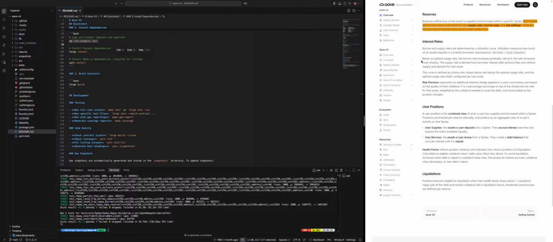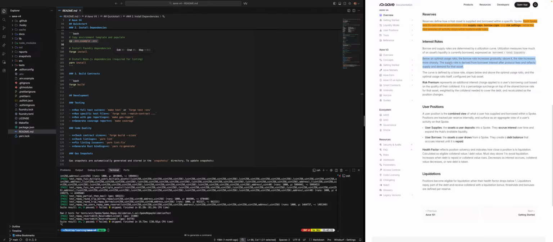Below an optimal usage ratio, which I think is derived from the utilization ratio, the borrow rate increases gradually. Above it, the rate increases more sharply. This is the borrow rate, and the supply rate is derived from the borrower's interest, how much the borrower is paying after the protocol fee, and reflects supply.